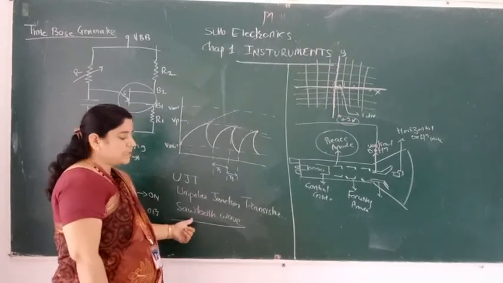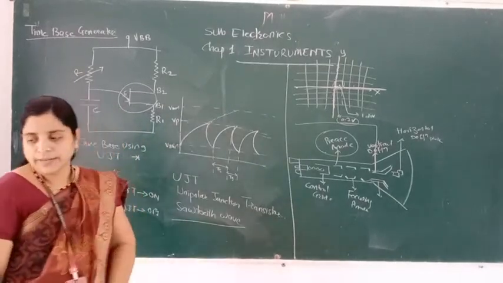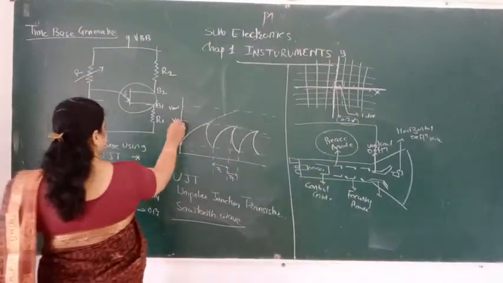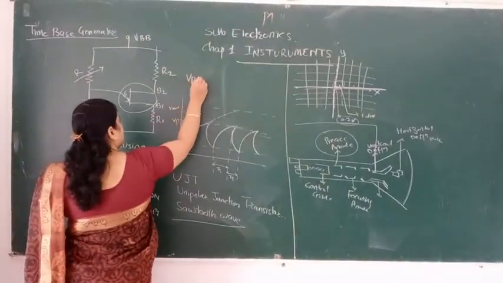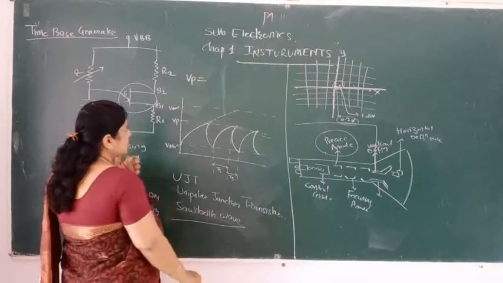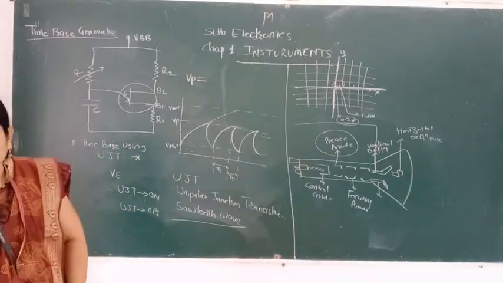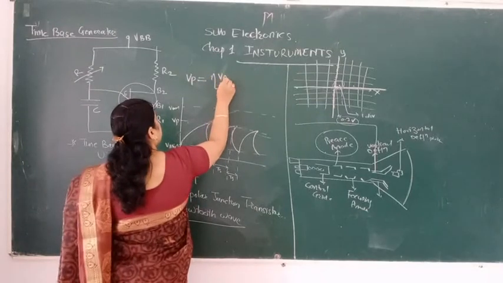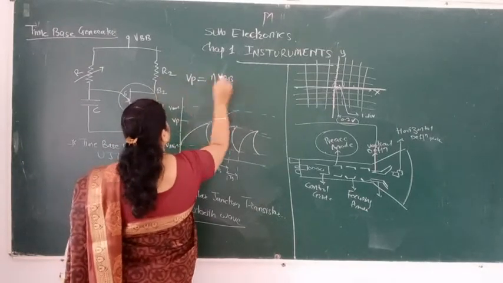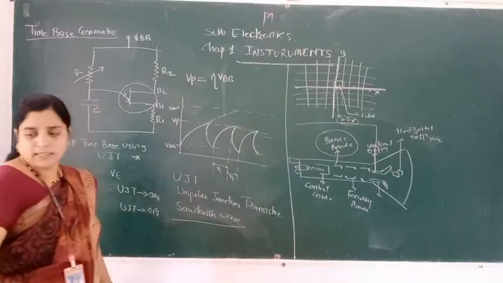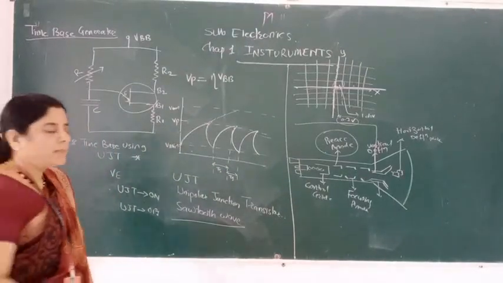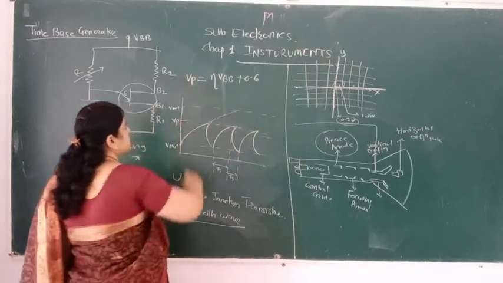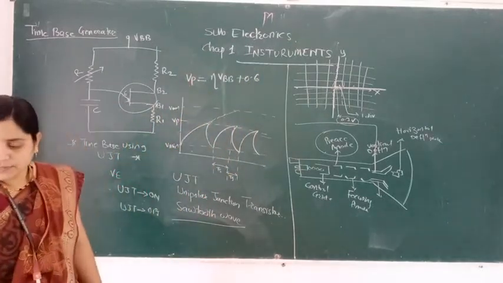Which type of waves is there? Sawtooth waves. You can observe its peak voltage, that is Vp. We can write Vp is equal to eta of VBB plus 0.6. VBB is the base voltage that is given. Vp is the peak voltage.